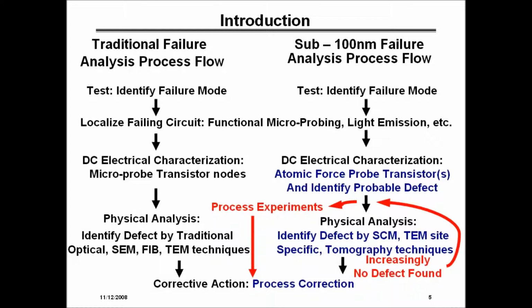And then, if possible, we did our DC electrical characterization with microprobes of the transistor nodes if we were able to isolate it to a specific transistor and access those transistor nodes. And then, based on that, we did our physical analysis, and we identified the defect by traditional optical, SEM, FIB and TEM techniques.